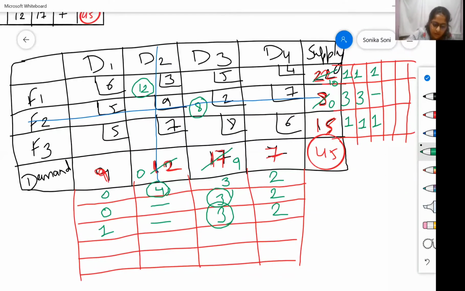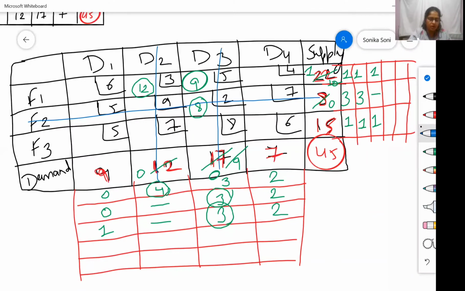We have 10 in the supply, but demand we have only 9, so the maximum we can allocate is 9. So we allocated here. Now D3 became 0 and supply became 1. As D3 became 0, we cancel this column out.